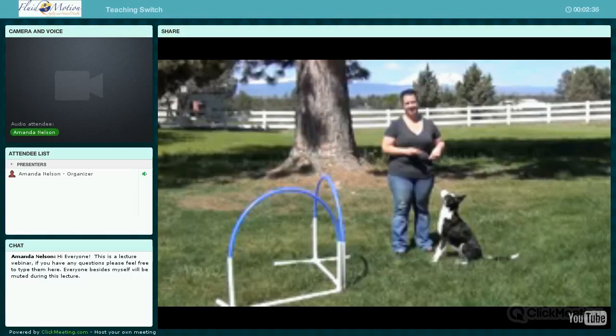Don't worry if you hear a bit of a lag. If you hear nothing for an extremely long time, go ahead and type something in the chat box. Okay, so we're going to watch this video that's going to talk about and demo how I begin to teach my directional command switch.